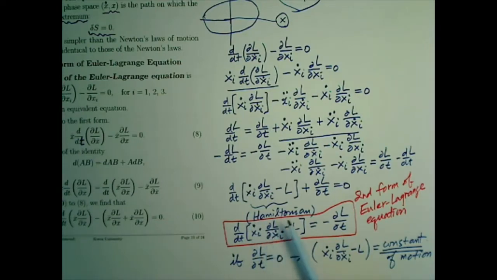And this Hamiltonian is independent of time, so it becomes a constant of motion. When the Lagrangian has no explicit time dependence, the Hamiltonian is the total mechanical energy of the system, and the total mechanical energy must be conserved in such a case.